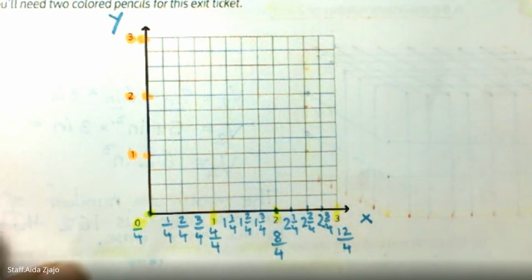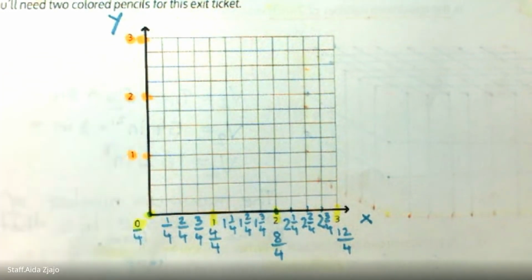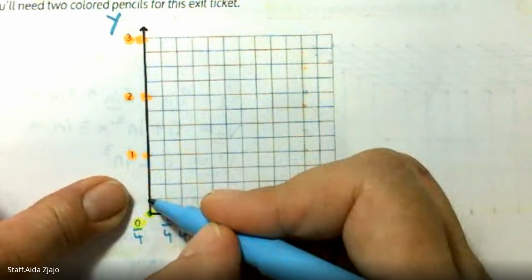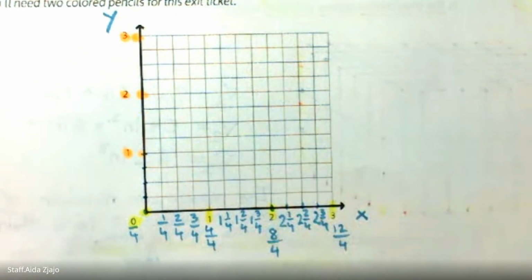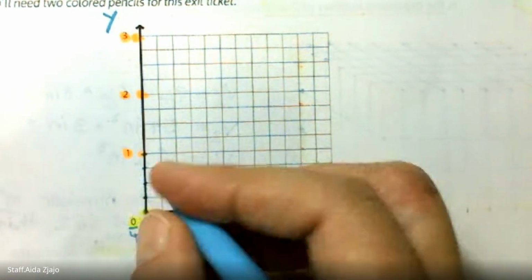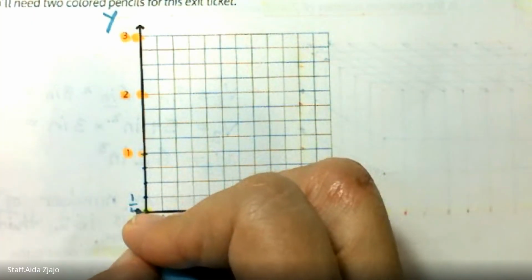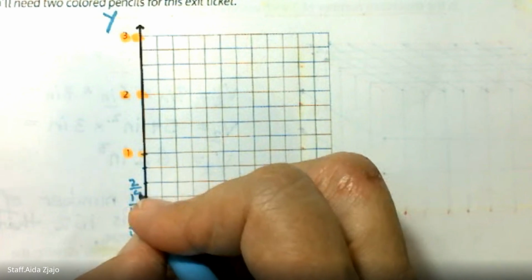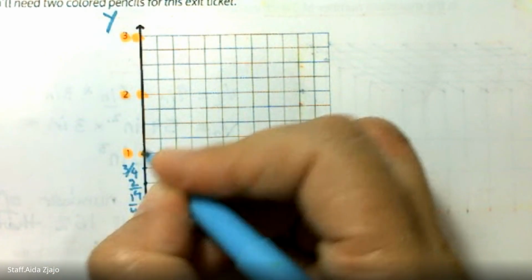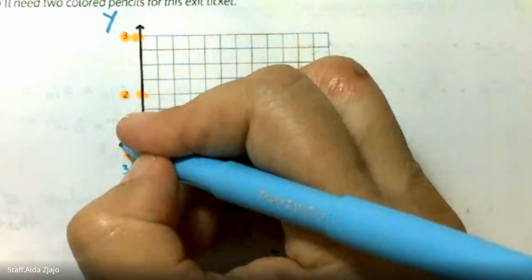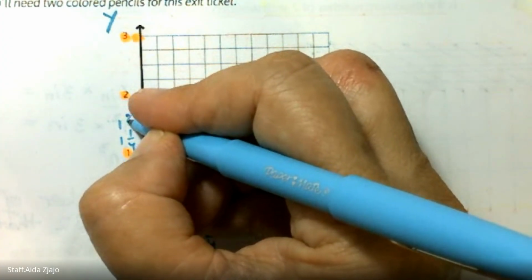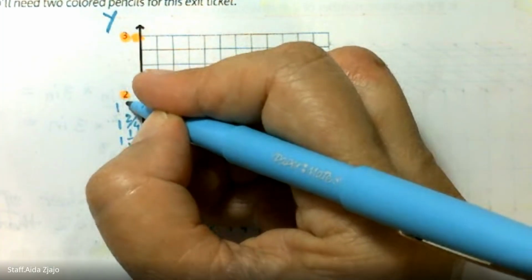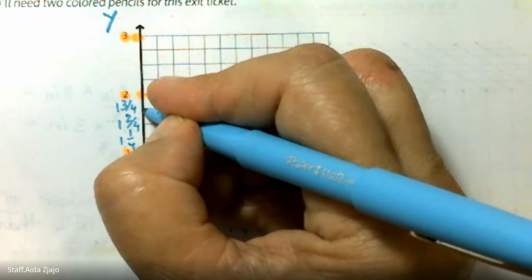And then we look at the vertical line, which is the y-axis, and that axis also is cut into 1, 2, 3, 4 pieces. So fourths as well. 1/4, 2/4, 3/4, 4/4 is a whole, 1 whole and 1/4, 1 whole and 2/4, 1 whole and 3/4 would be right here.